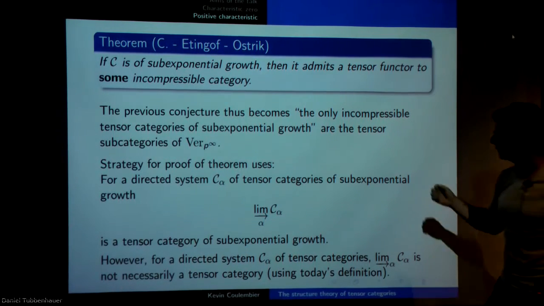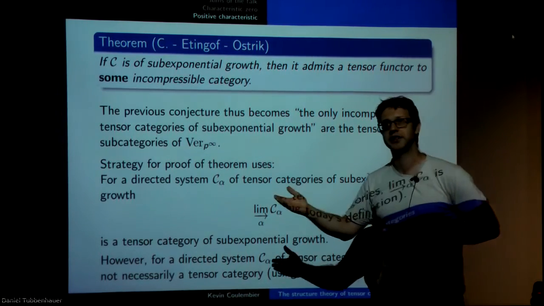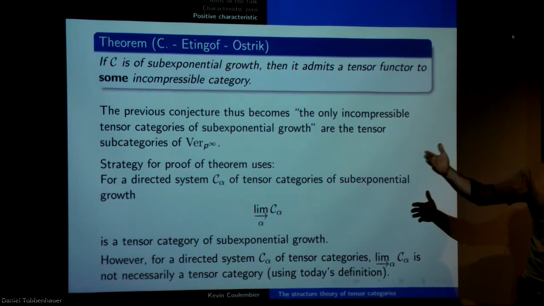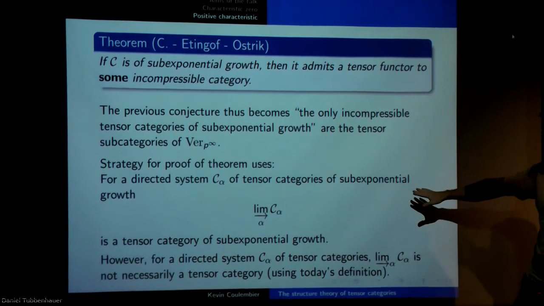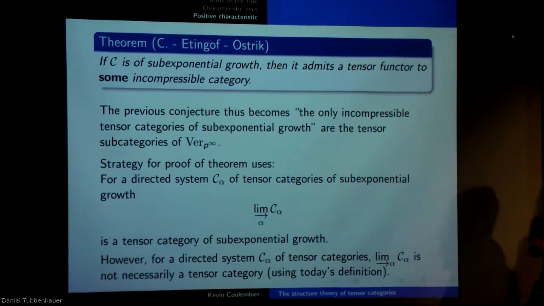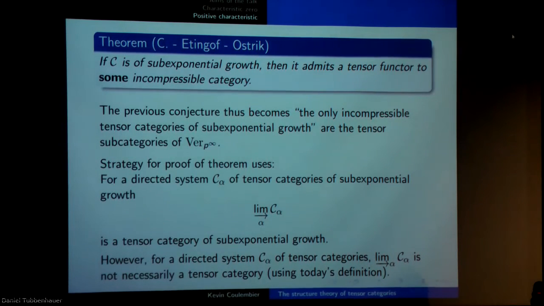The reason I'm going into detail here is that there's this conjecture that there's no incompressible category of super-exponential growth. And this kind of explains a little bit why: crucially, you can't do this thing. So that's some kind of soft evidence also for that conjecture.